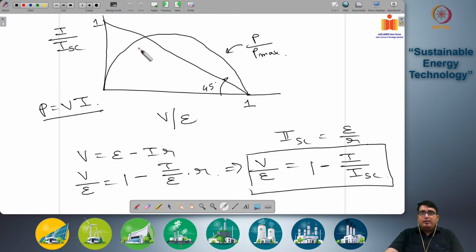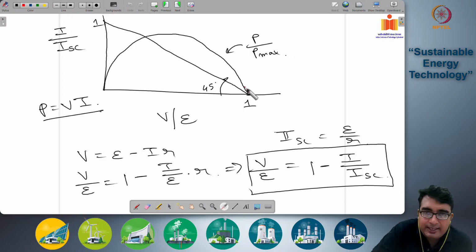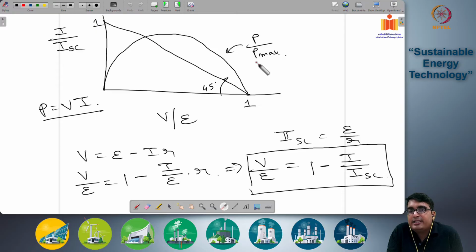So, suppose here you get the actual current and the actual voltage, multiply these two to get the actual power, okay. So, that way you can plot the power curve and you get the P by P max as this parabolic curve here, okay. So, this means that the maximum power point is somewhere in the middle of this current voltage characteristic curve, when there is sufficient potential gradient and sufficient current as well, okay, to get the maximum power output from the battery.